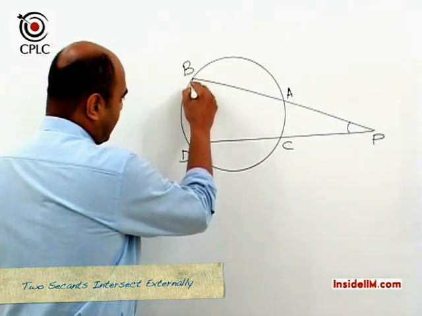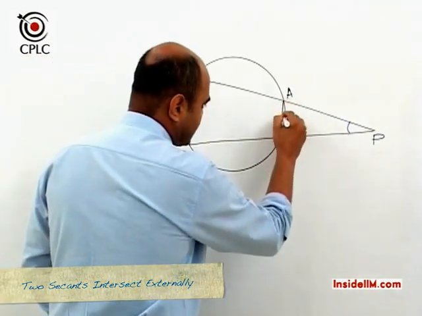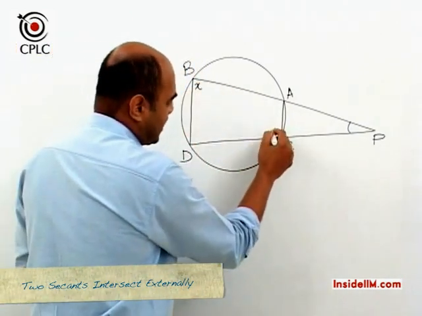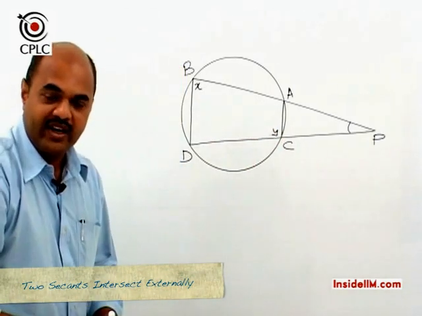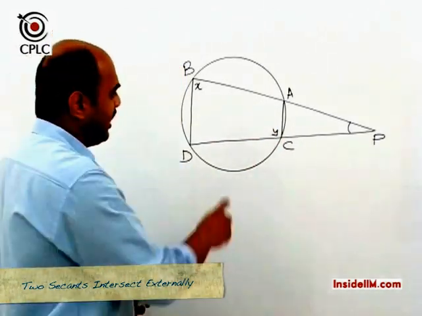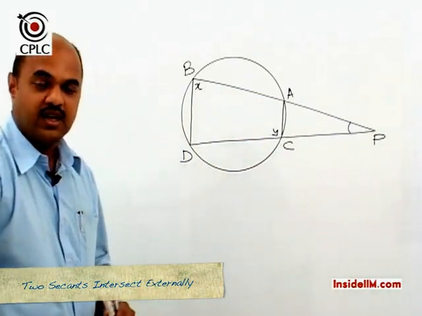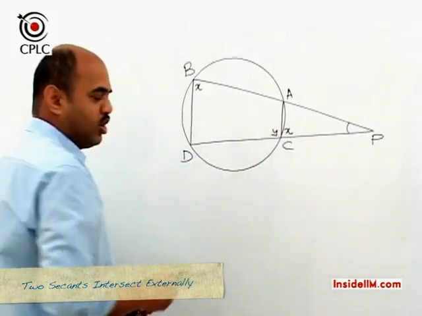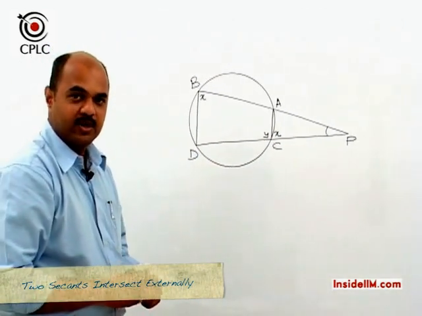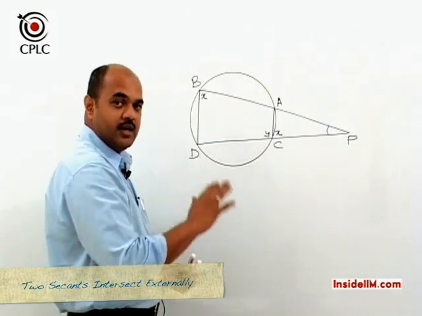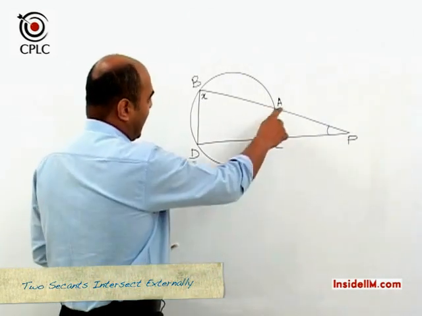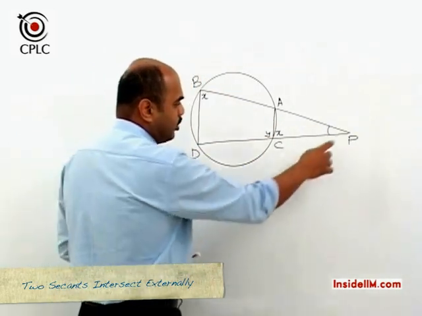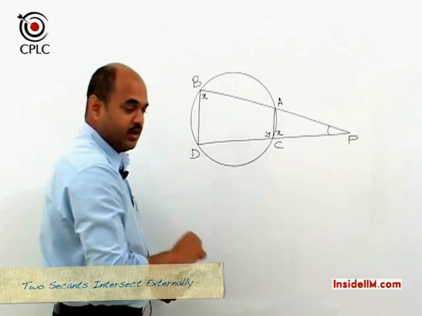If we join these points BD and AC, then we would notice that X and Y would add up to 180 degrees. Why? Because opposite angles in a cyclic quadrilateral are supplementary, and this X and Y would also add up to 180 degrees because they are angles in a linear pair. Hence we can conclude that angle ABD, or rather angle PBD, is equal to angle PCA.